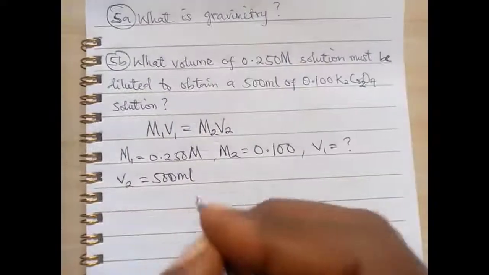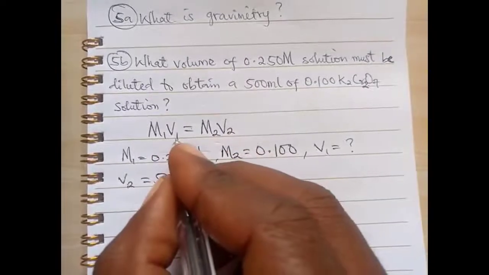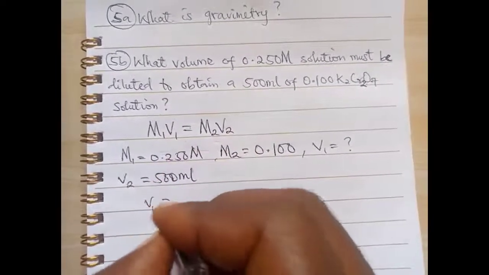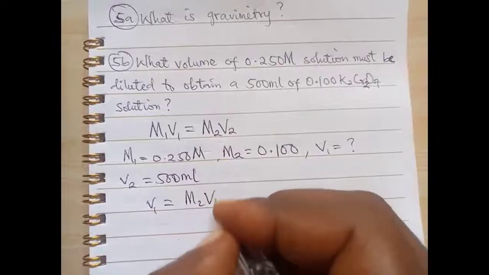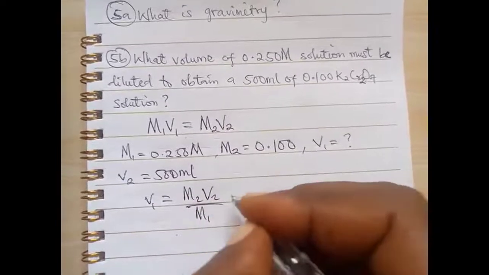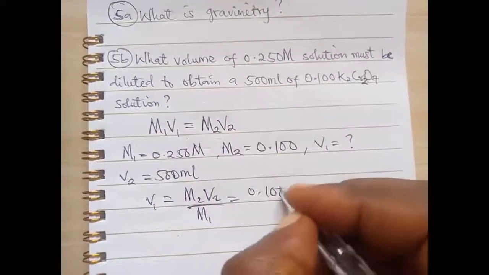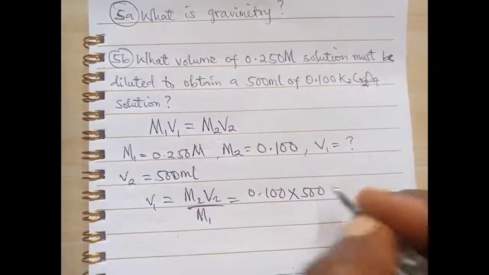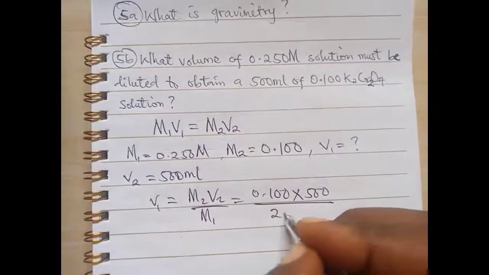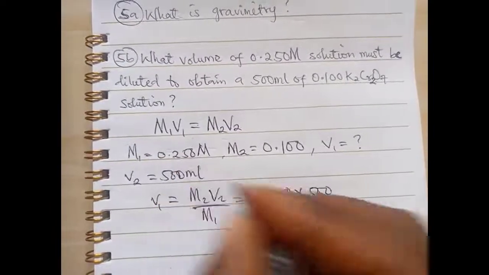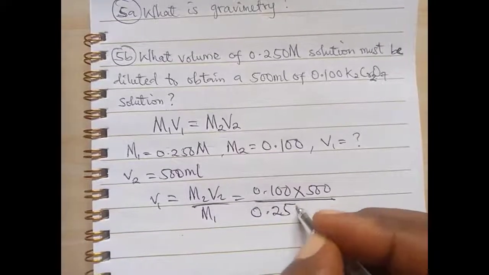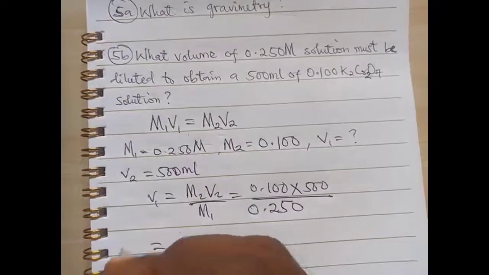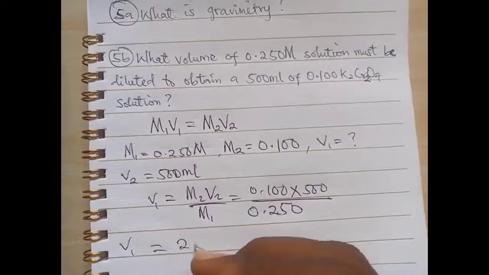Now, from here we can make V1 the subject of the formula. Our V1 becomes equal to M2V2 over M1, which is 0.100 times 500 over 0.250, and if we calculate that, the V1 is 200 ml.